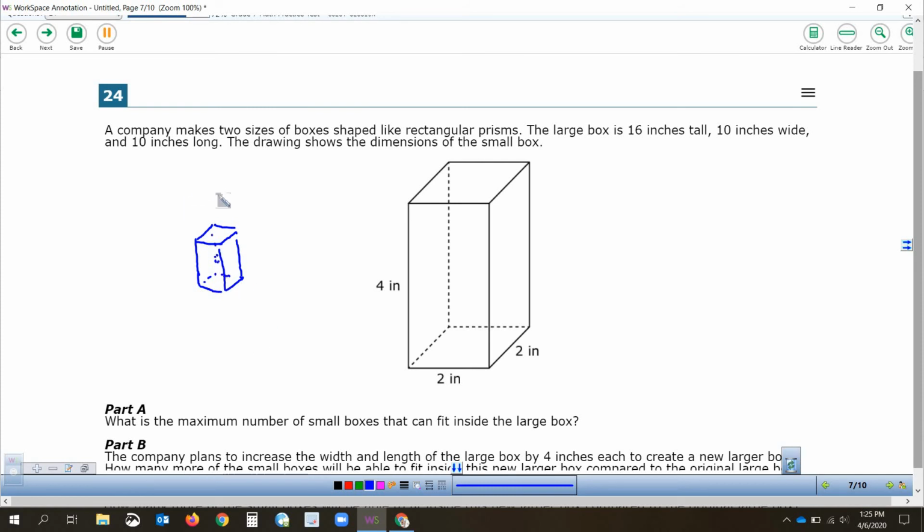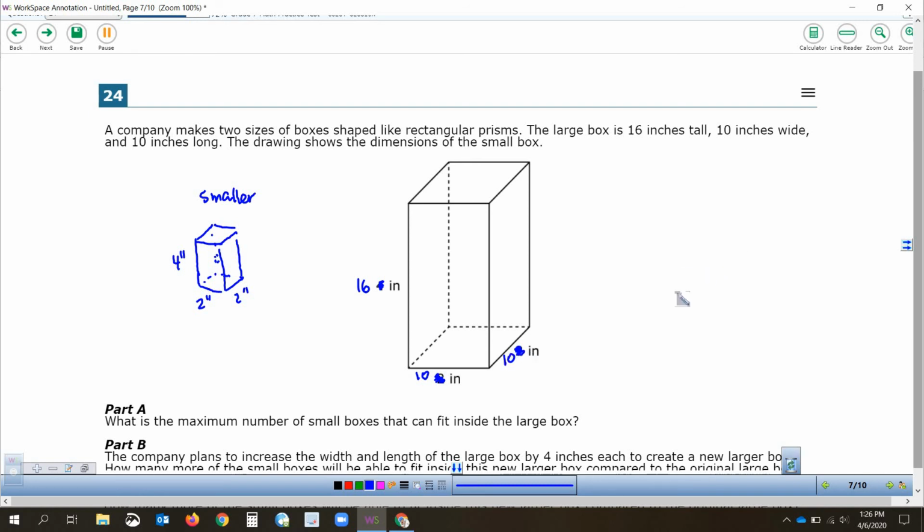So this is going to represent my smaller box. I'm going to take these dimensions. The smaller box is 4 inches tall, 2 inches wide, and 2 inches long. And I'm going to change this one to my larger one. The larger one is 16 inches tall, 10 inches wide, and 10 inches long.